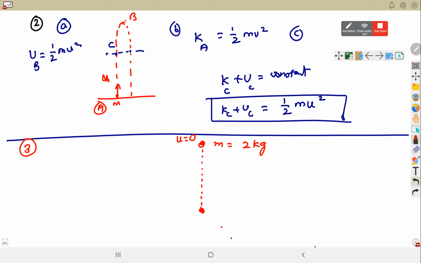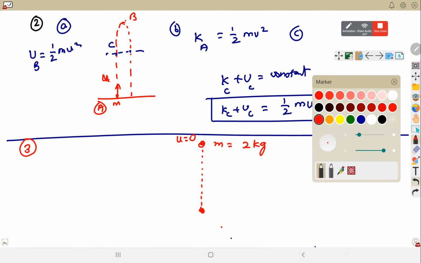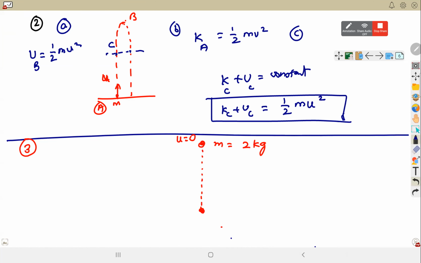Okay, so this question is for you. Initial velocity 0, it is dropped from a height of 5 meters. Taking g equal to 10, find the potential energy possessed when it is initially at rest.